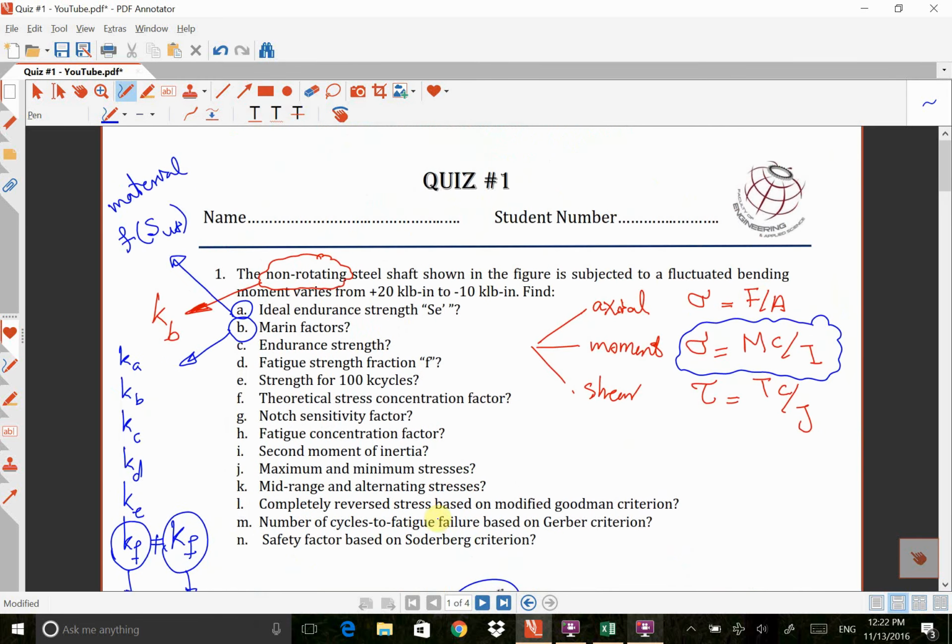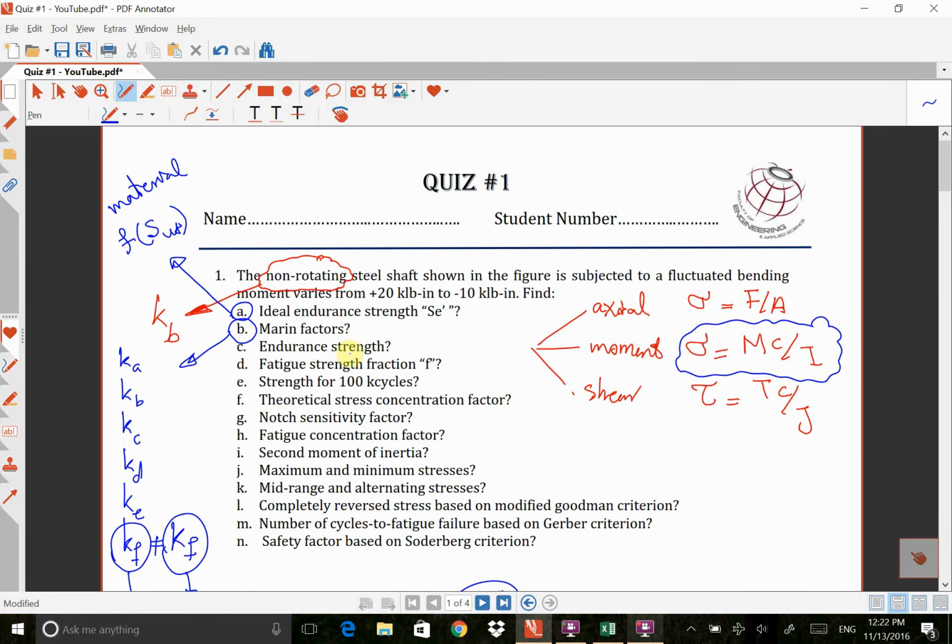So the endurance strength for part C, that SE, is KA up to KF times SE prime. So we can find SE prime from this, and then put all the Marin factors here, and find SE.